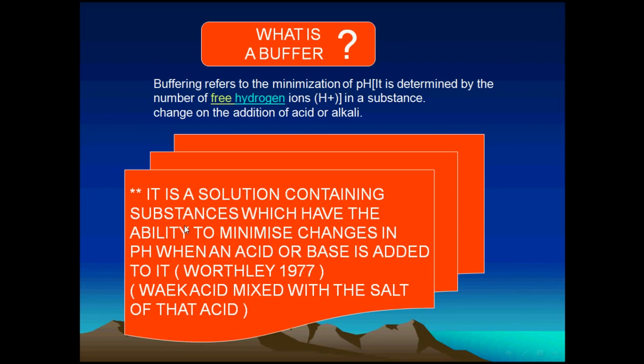Buffer is a solution containing substances which have the ability to minimize the changes in the pH. This means that it does not allow free hydrogen ion to be free. This is very important.